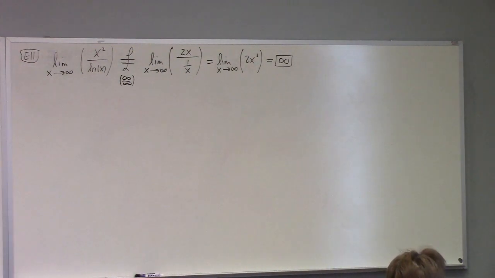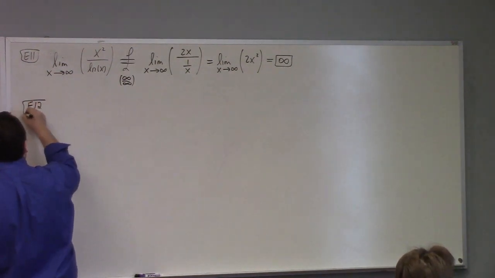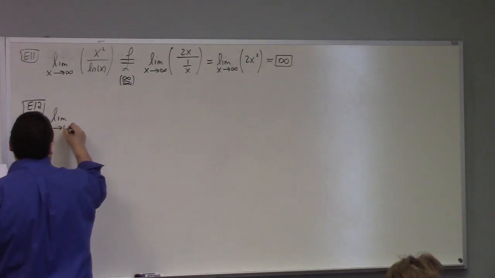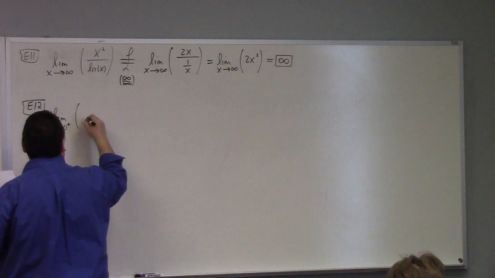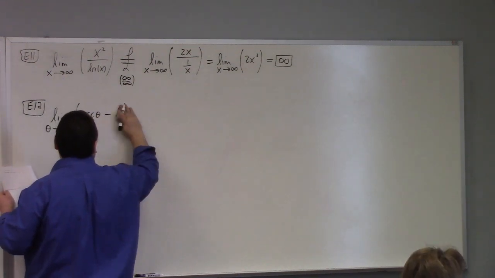So the next example will deal with infinity minus infinity. We haven't hit that yet, so let's look at that. Example 12. Here we're looking at the limit as theta goes to 0 from the right of cosecant theta minus cotangent theta.